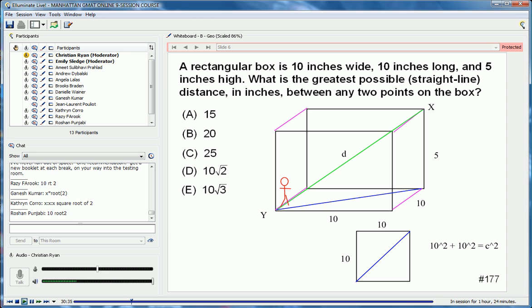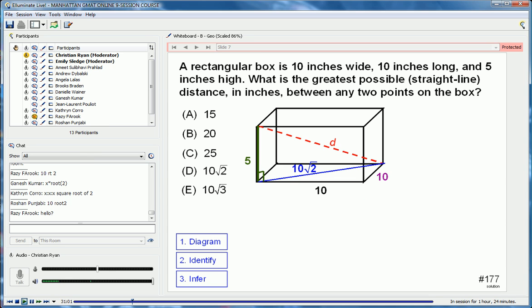I prefer that you can directly write that c winds up being 10 times root 2. And then you plug that back into the second Pythagorean theorem, where 10 root 2, this blue line, is one leg, 5 is another leg, and d is the hypotenuse of that big triangle.